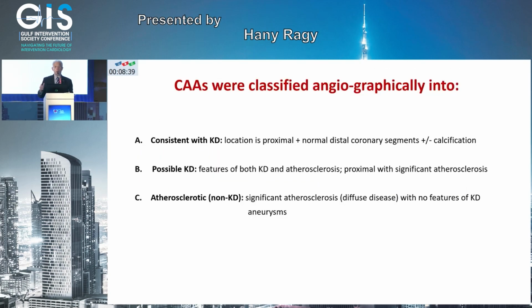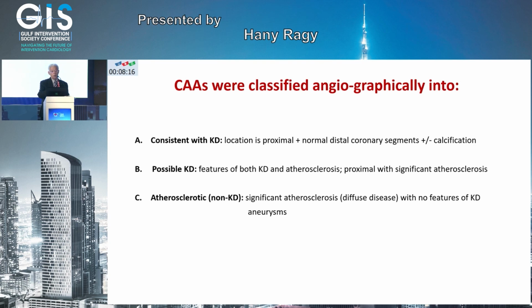Of course, some people who survive Kawasaki to adulthood might actually develop atherosclerosis. They go ahead and smoke, and they can get a mixture of both. Also, which is not terribly important, the location of the aneurysm might help you differentiate between Kawasaki disease and atherosclerosis.